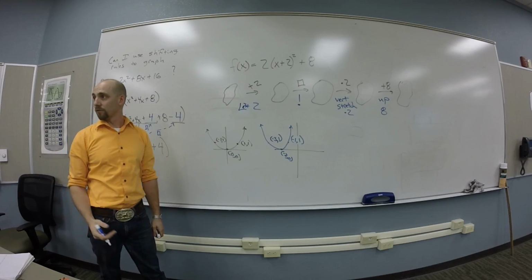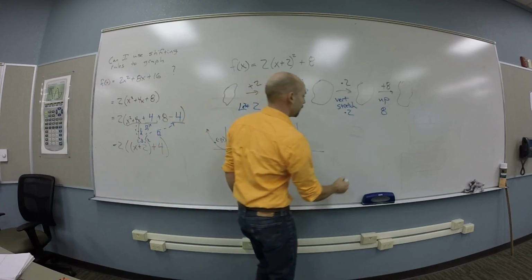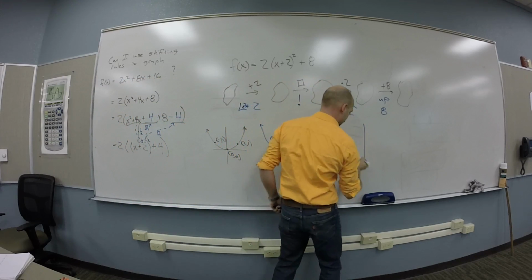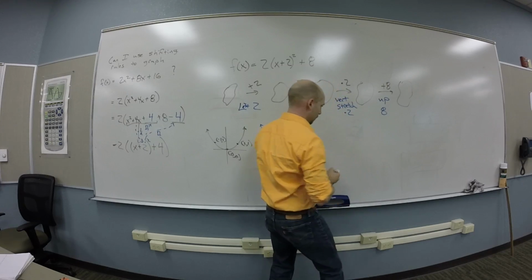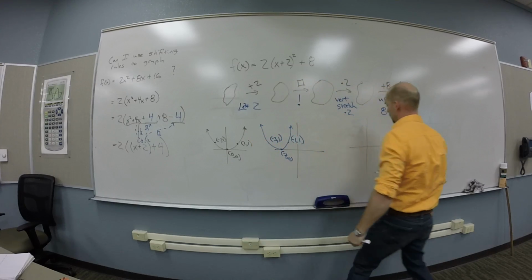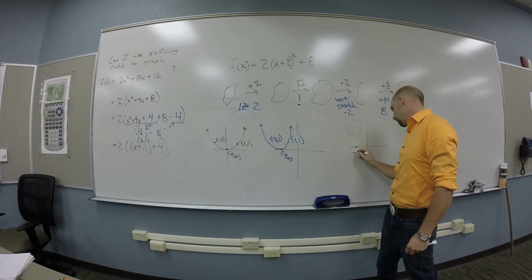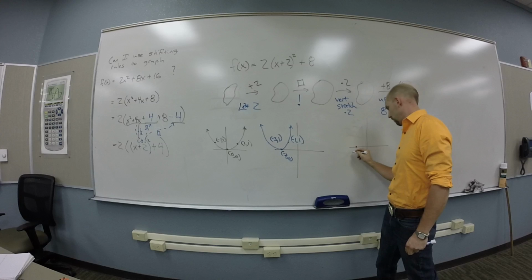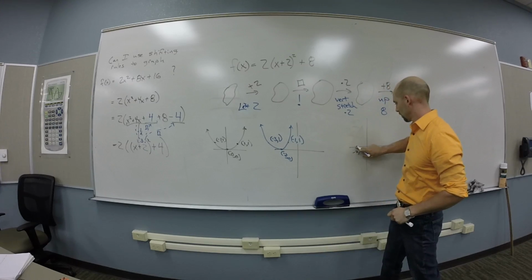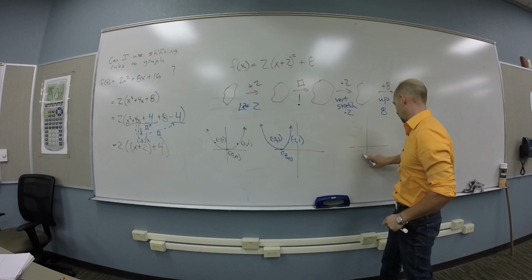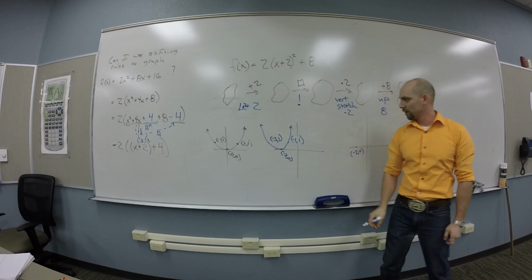Then there's a vertical stretch by a factor of 2. So that'll make everything narrower. So it'll still go through minus 2, 0.